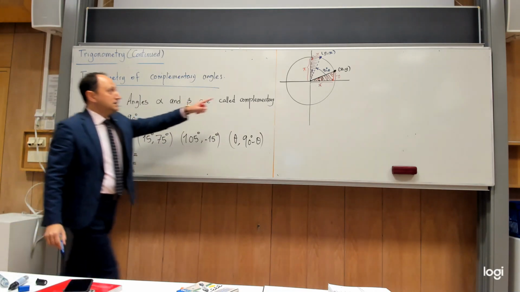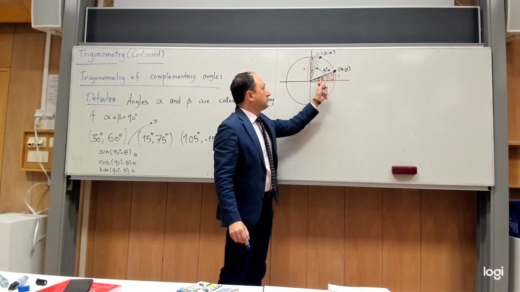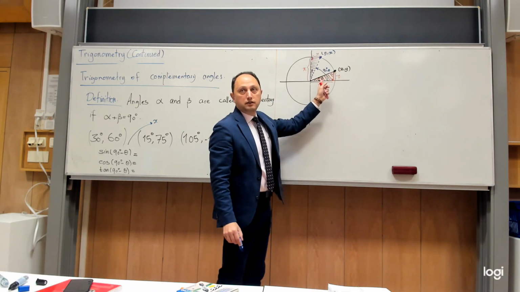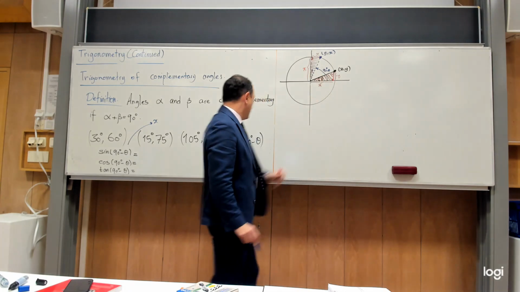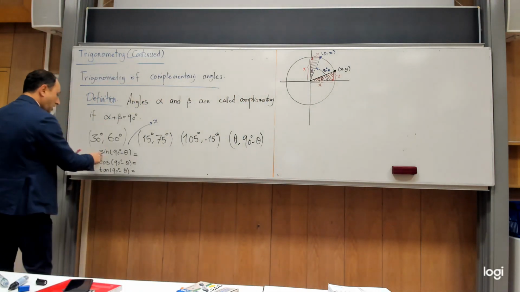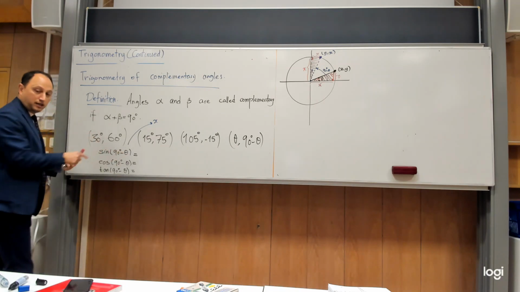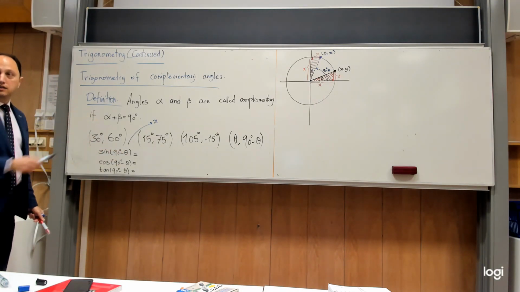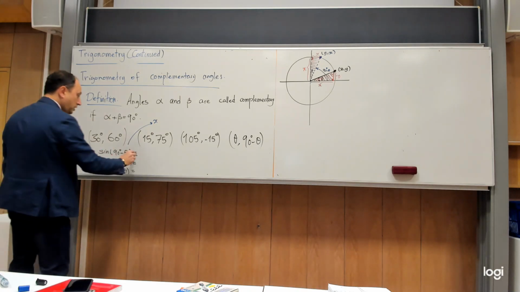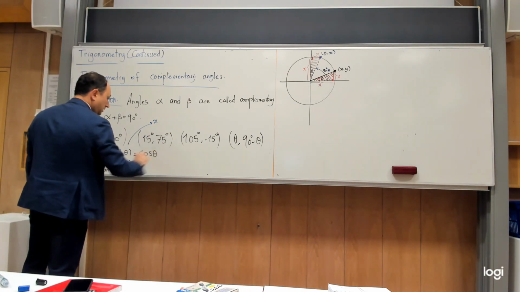But x itself is cosine of theta. Is that understandable? Yes or no? Yes. Okay. So this means that sine of 90 minus theta is not related to sine of theta. It is related to cosine of theta. So this becomes cosine of theta.